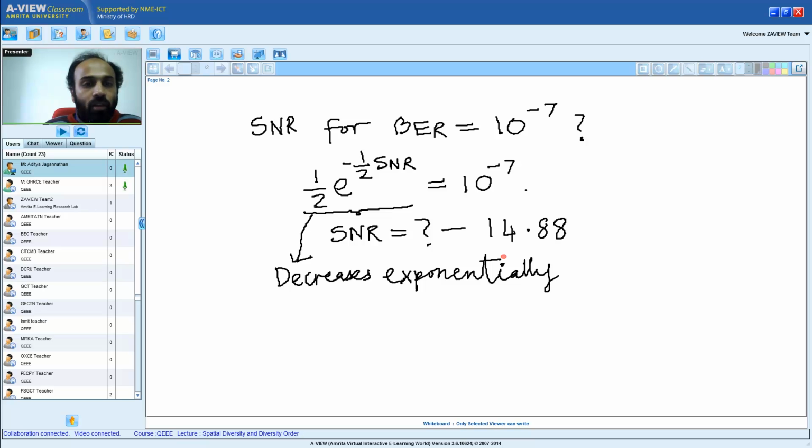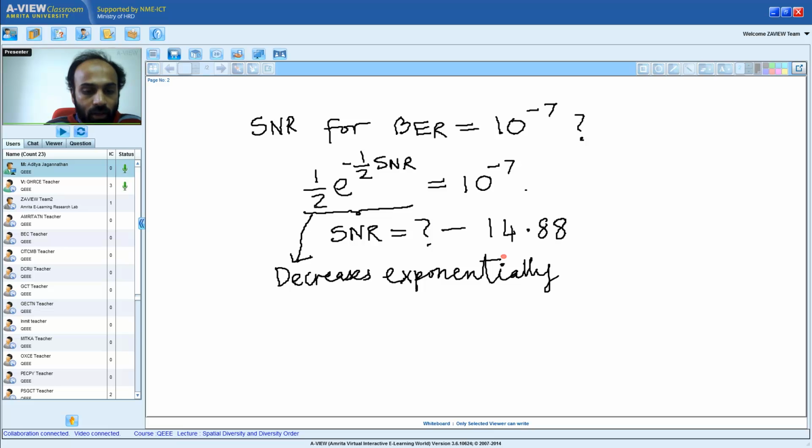Remember it, it is decreasing as e to the power of minus half SNR. So the bit error rate in an additive white Gaussian noise channel is decreasing exponentially, and this is the bit error rate that we calculated.